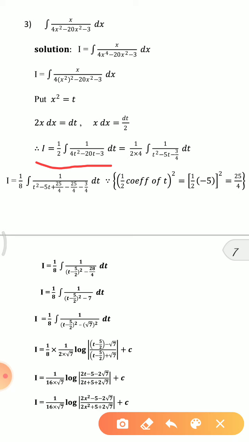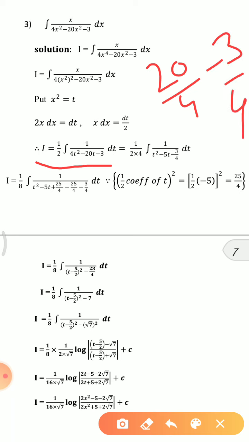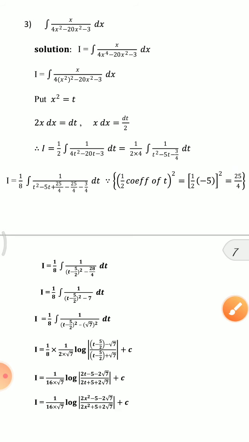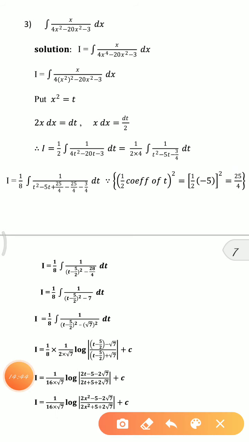The integral of 1 upon t² minus 5t, that is 20 divided by 4, and minus 3 by 4. 20 by 4 is 5 and 3 by 4 as it is. That means the integration becomes I equals 1 by 8 integral of 1 upon t² minus 5t.